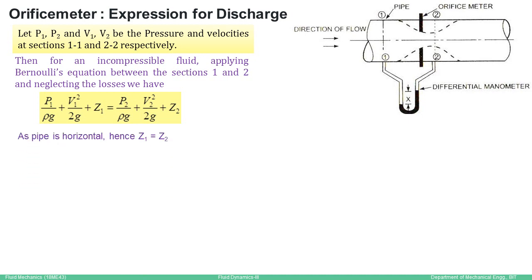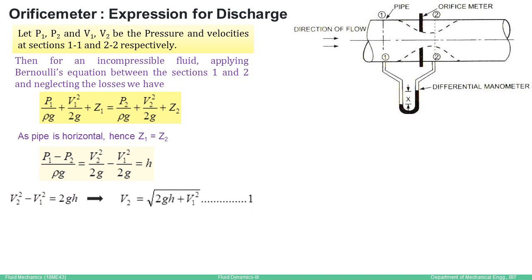And when the pipe is horizontal, Z1 is equal to Z2. So H is now (P1 minus P2) by rho g, which is nothing but (V2 square minus V1 square) by 2g. So rearranging this term, we have V2 equal to root of 2gH plus V1 square. This is the expression for V2.